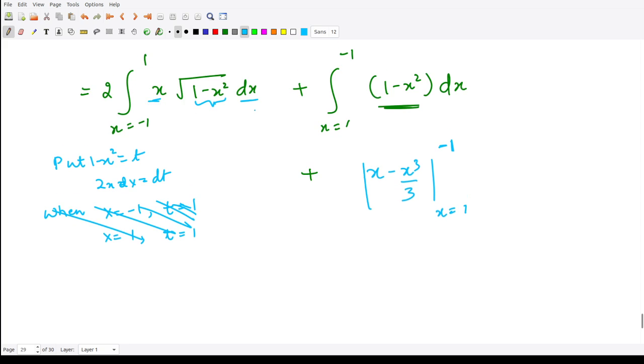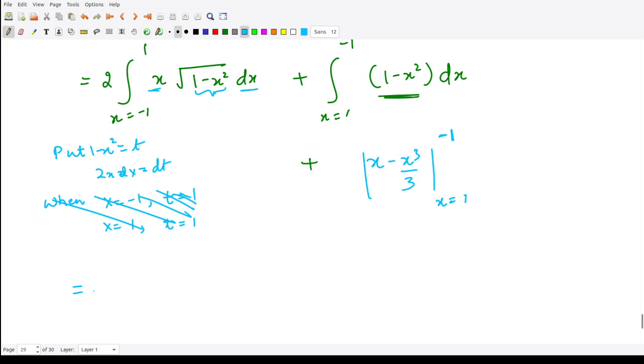So its integration would be simply 1 minus x square. Its power earlier was 1 by 2. It would now be 1 by 2 plus 1, so that would be 3 by 2, divided by 3 by 2. And we have the limits of integration. Let's not change it. We are keeping it in variable x only, so it would be from minus 1 to 1.